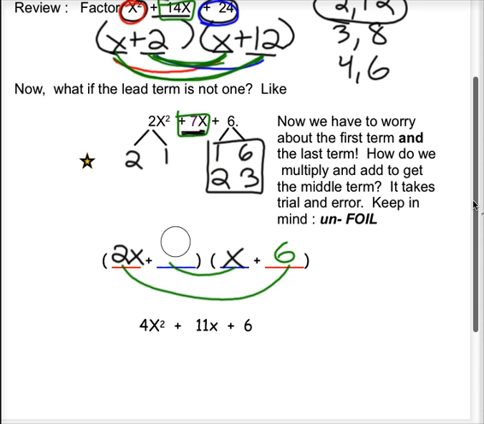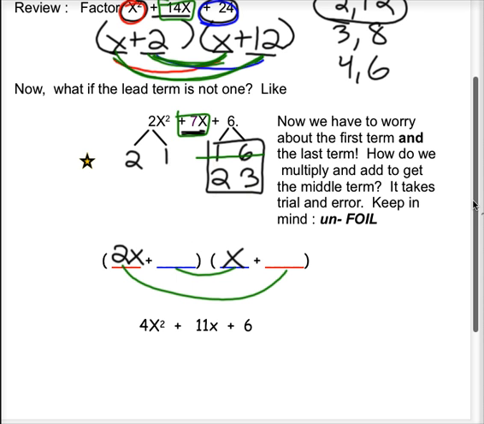But we have to keep in mind, what if it was the reverse? What if I had my 6 here and my 1 here? This time I have 2 times 1, so giving me 2, plus 2 times 6... I mean 2 plus 6, well, that's only giving me 8. So I've completely ruled out the 1 and the 6. There's no way to make that combination give me what I'm looking for.